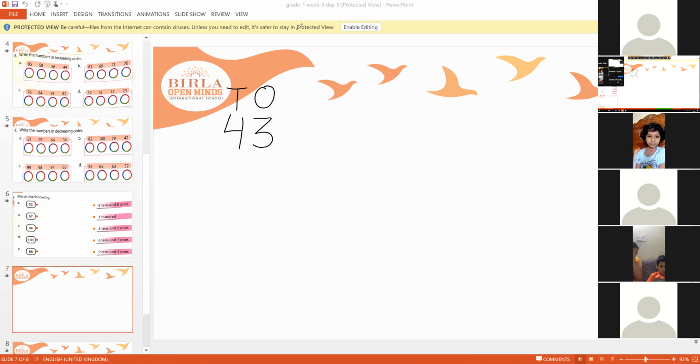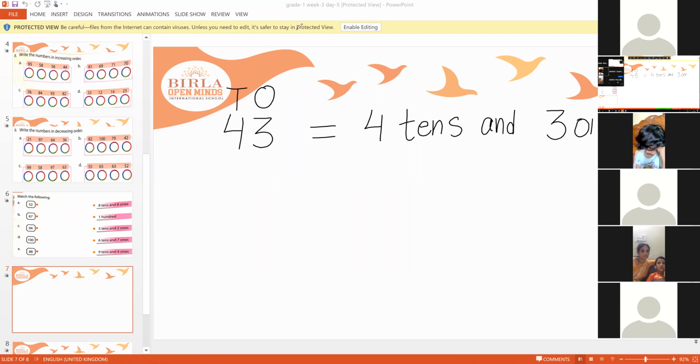I can write 43 as 4 tens, because we have 4 in tens place, and 3 ones, because in ones place we have 3, right?